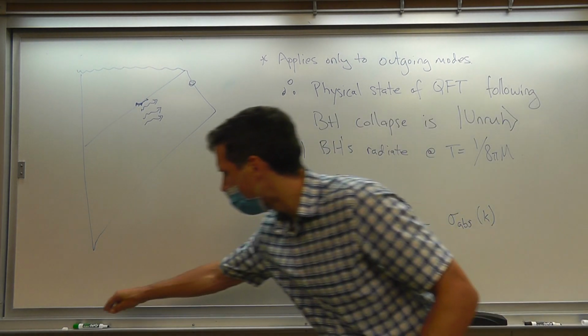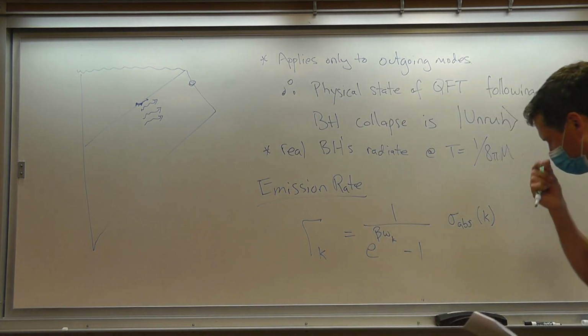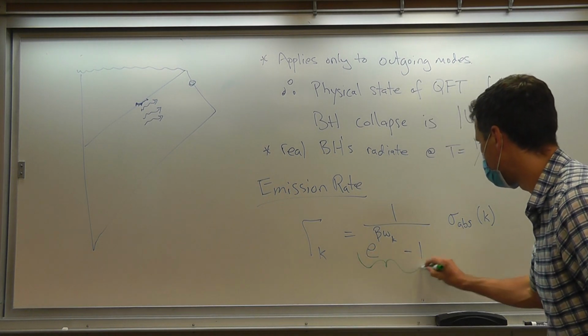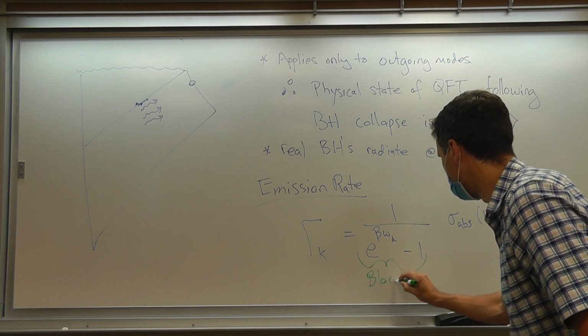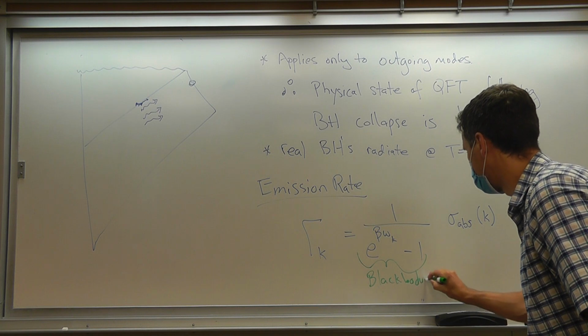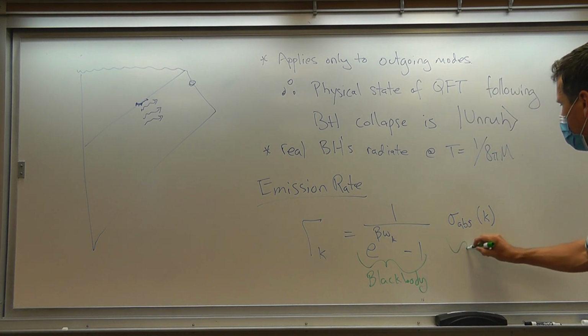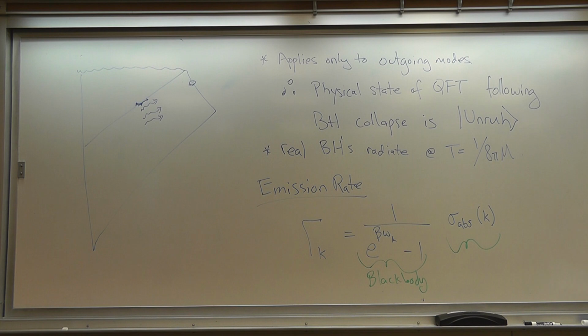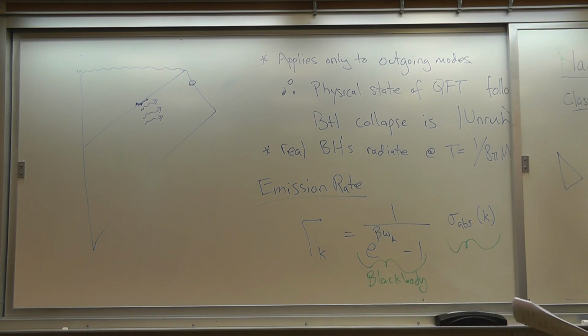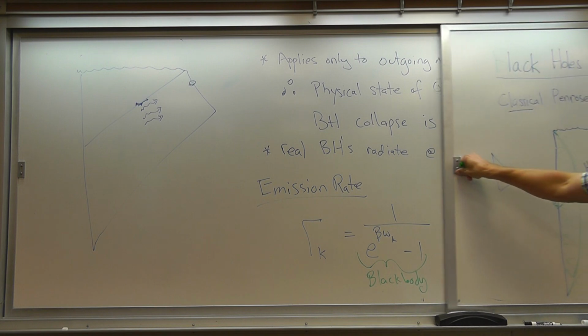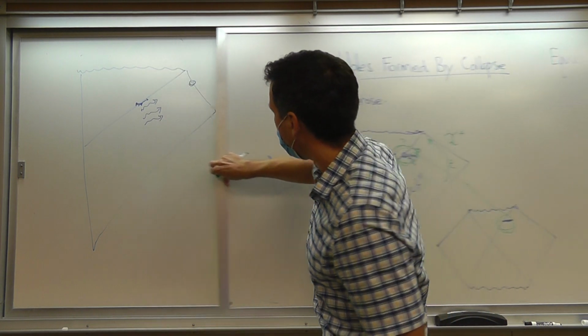So what's going on here is what some people were alluding to. This here is the blackbody formula. And this is the absorption cross-section of a mode of this wave number scattered against the black hole. The reason for this is that I gave you a near horizon argument. Here's a good picture.